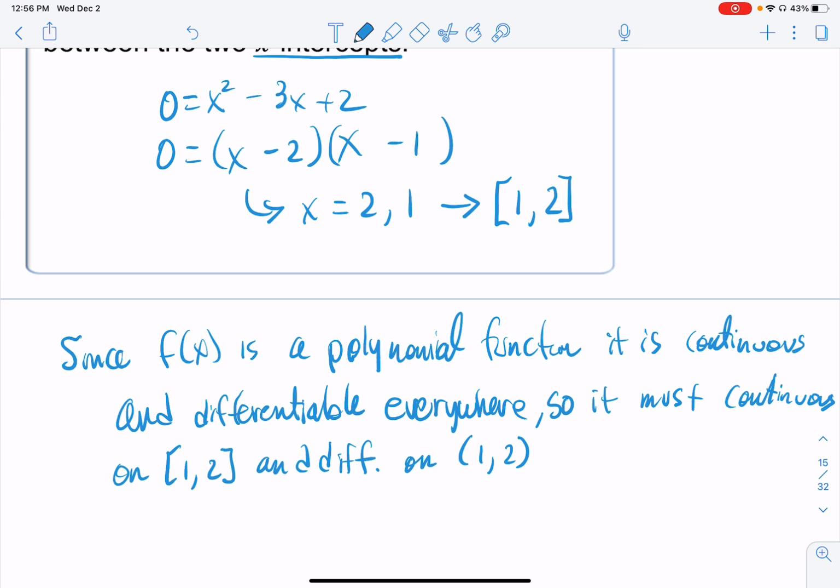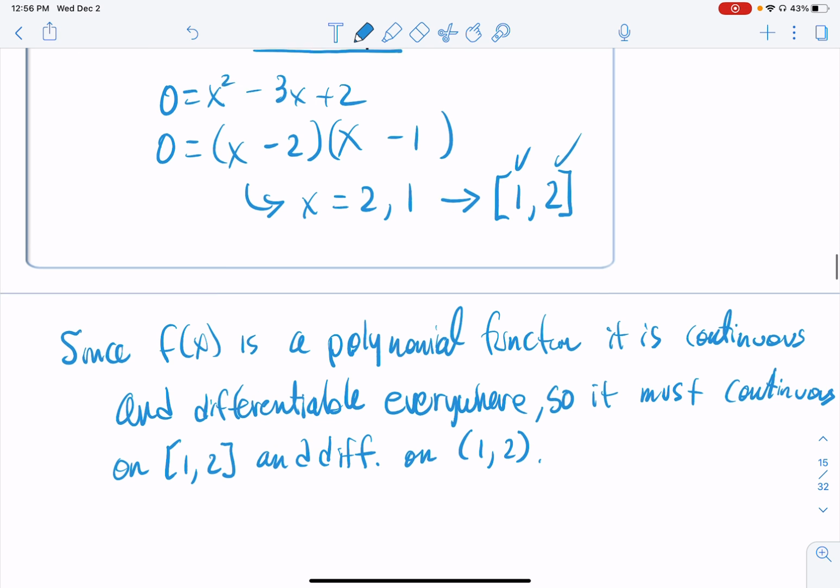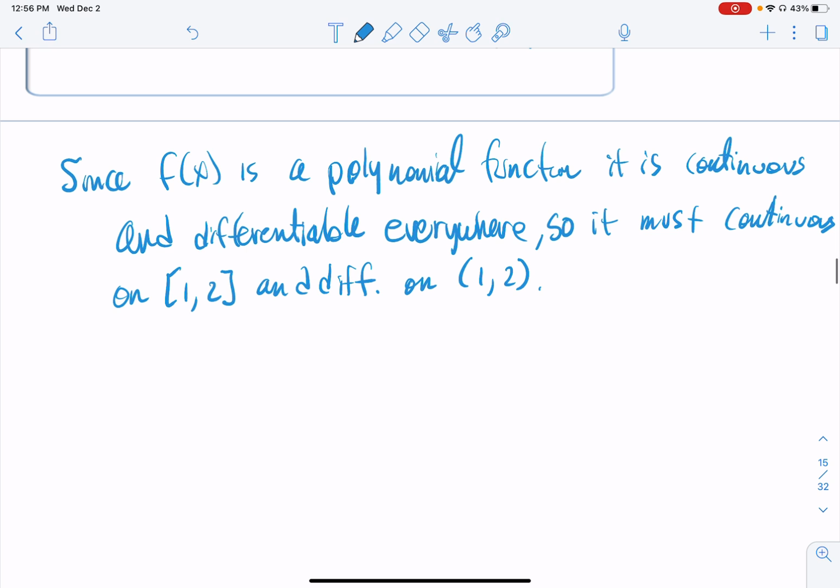Okay. And then there's one other part, right? The other part is the y values have to be the same. And I know my y value is the same because we found that there were zeros. The y value is 0 at both of these x values. Okay.